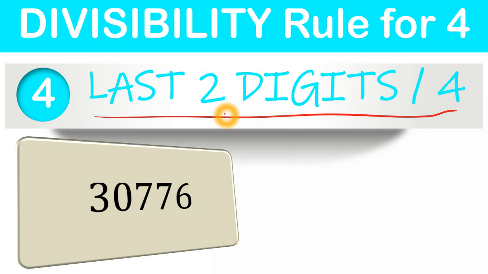In our example, 307776, for divisibility by 4, since its last two digits 76 is divisible by 4. The number 307776 can be easily tested for divisibility by 4.